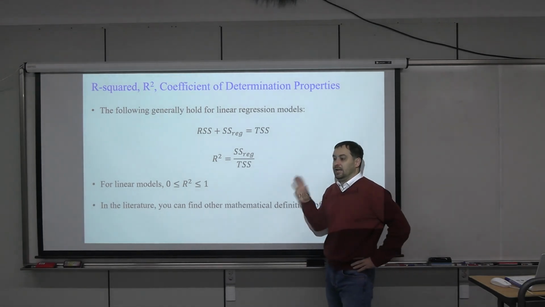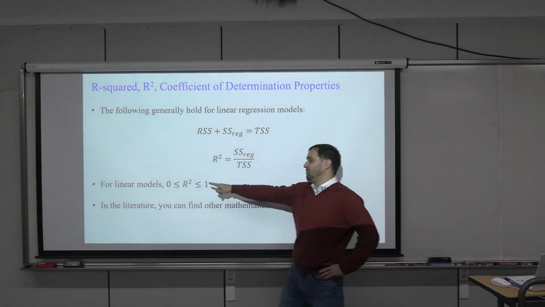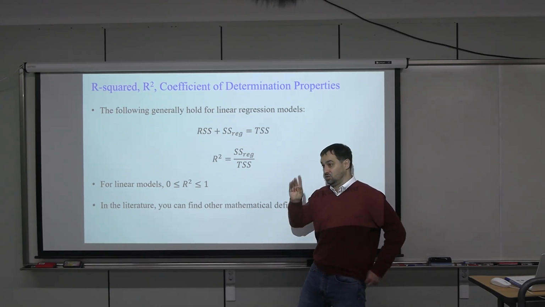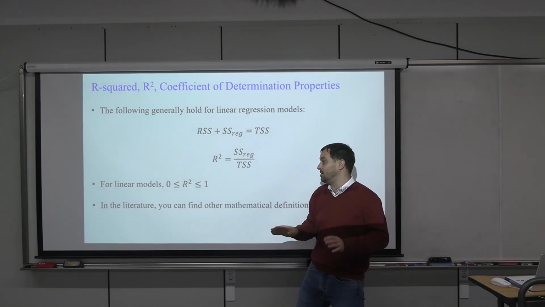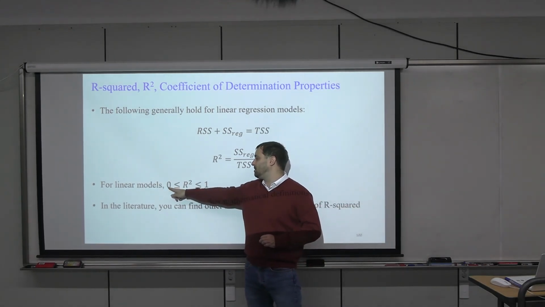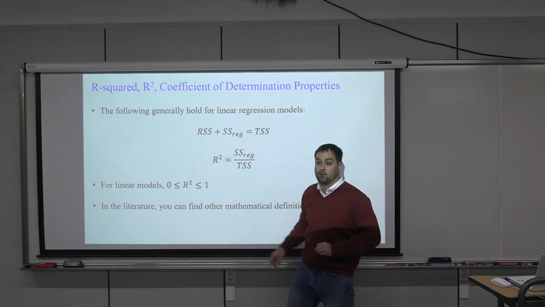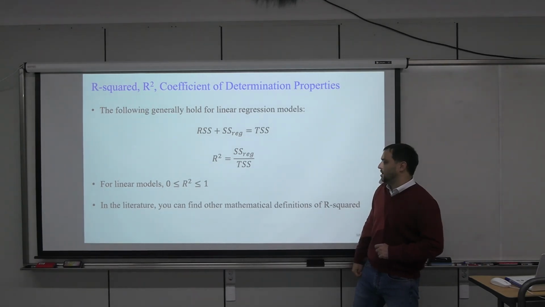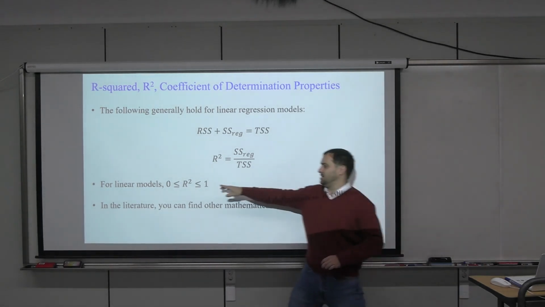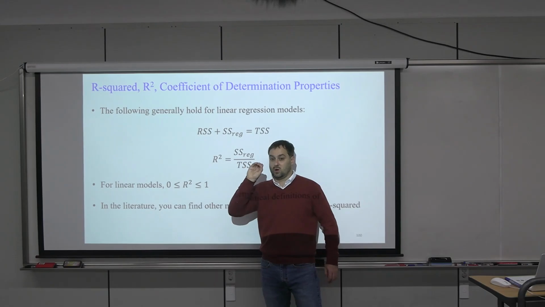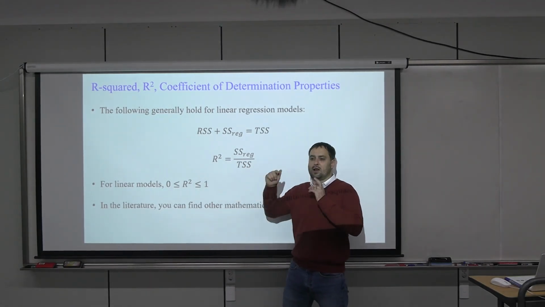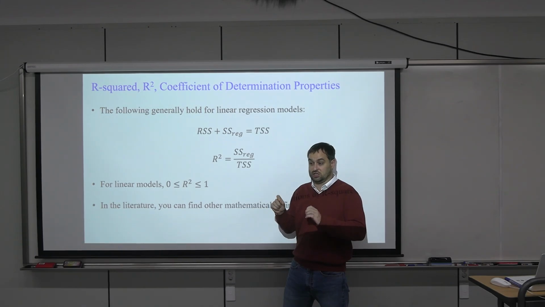For linear models, where you solve for your coefficients using ordinary least squares regression, r squared will always be restricted between 0 and 1. So this relationship is for models linear in coefficients that are solved using the least squares regression algorithm.